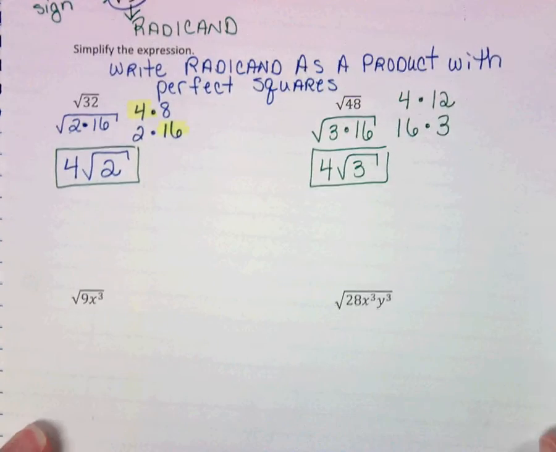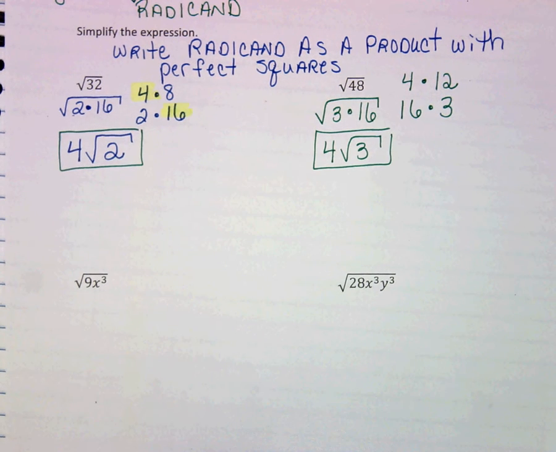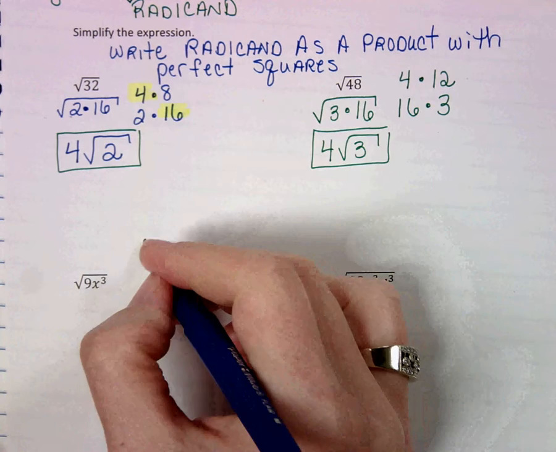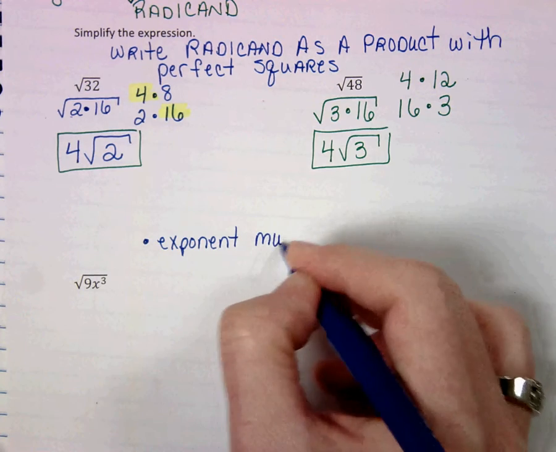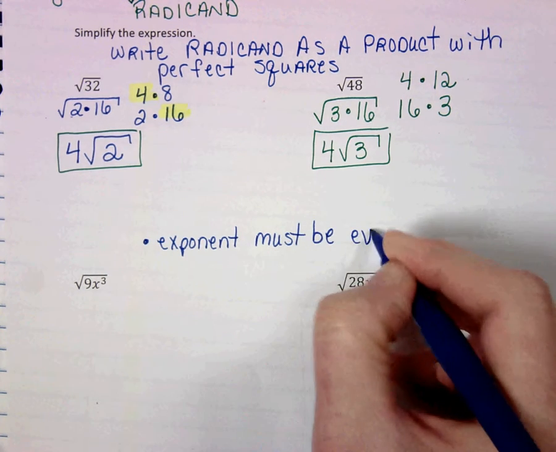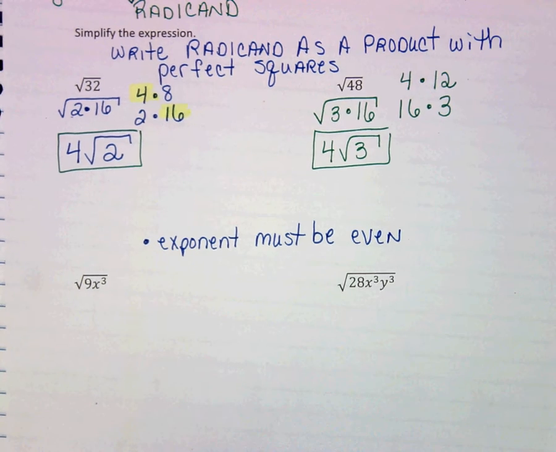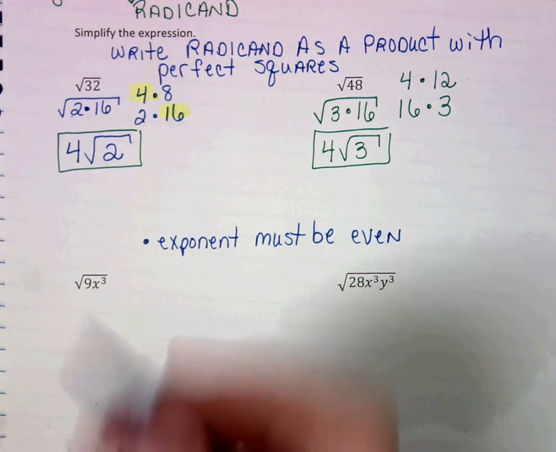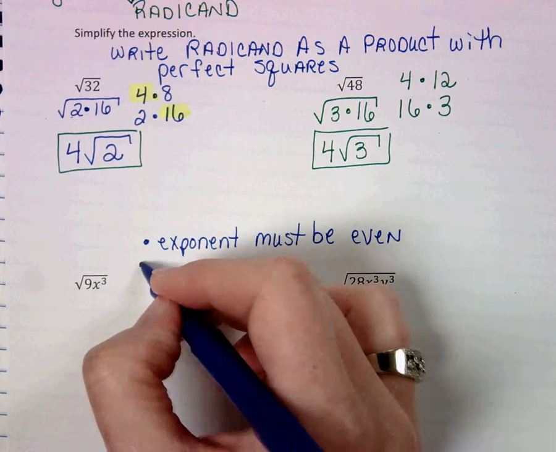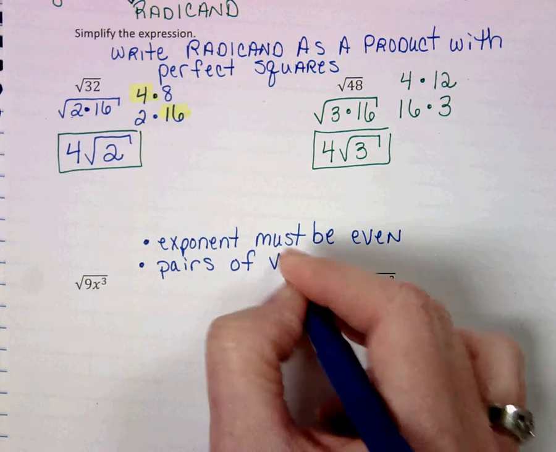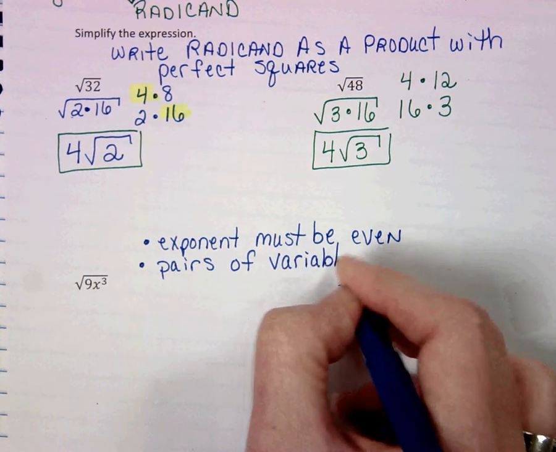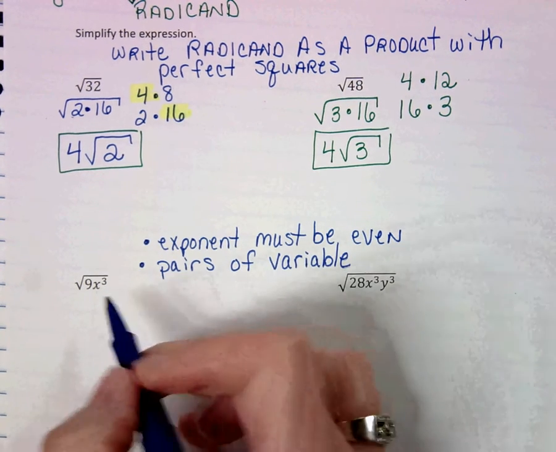Okay, 2 more examples down at the bottom. We're throwing in some variables. And we have talked previously about when a variable is a perfect square. Remember, our exponent must be even. But that doesn't mean if the exponent is not even that we couldn't factor it to have an even exponent. So we want to look for pairs of the variable. Let me show you what I mean, because that sounds kind of weird. We have x cubed.